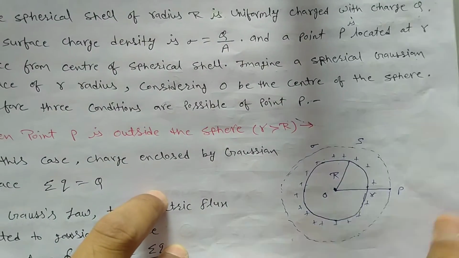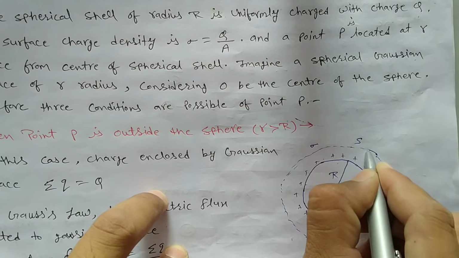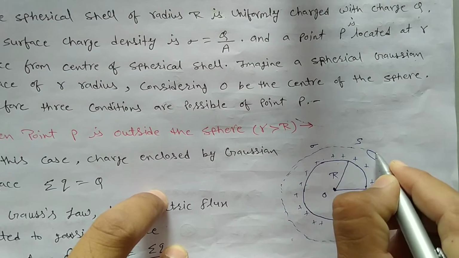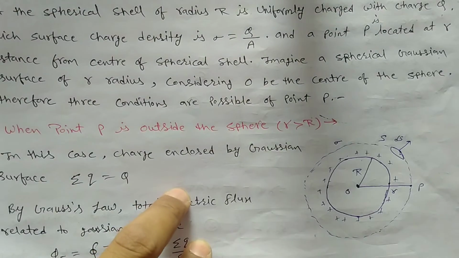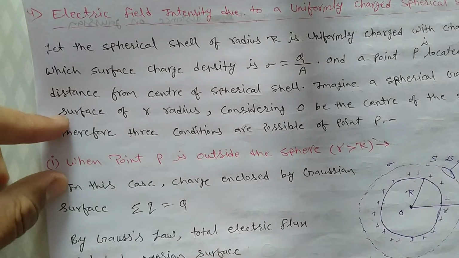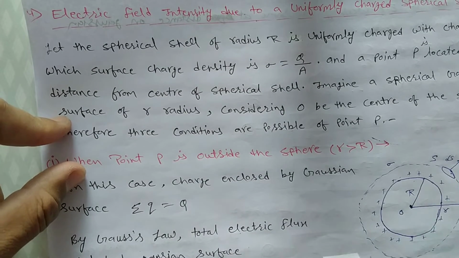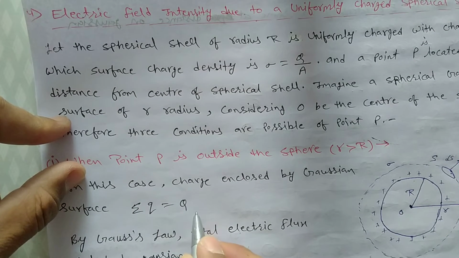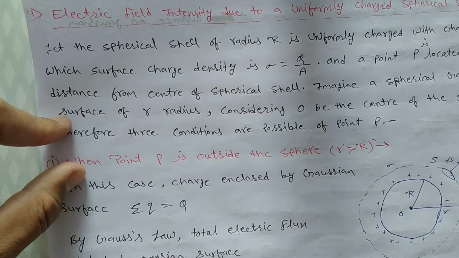and S is the surface area of this Gaussian surface, and we take this area element ds. In this case, the charge enclosed by this Gaussian surface, summation Q, is equal to Q. Q is the charge we provide to this spherical shell.